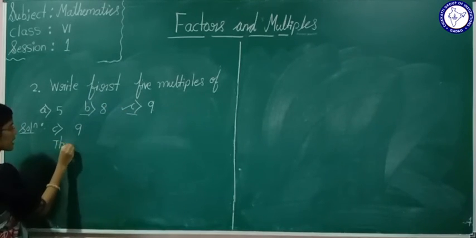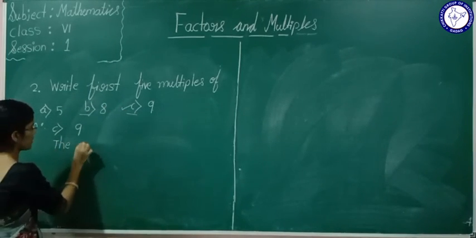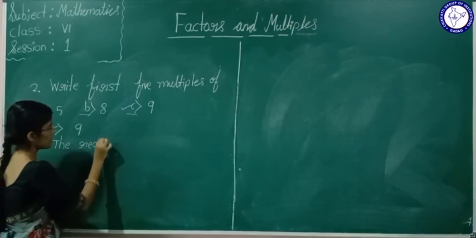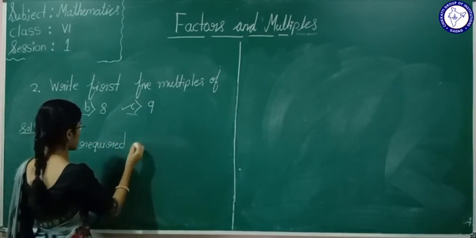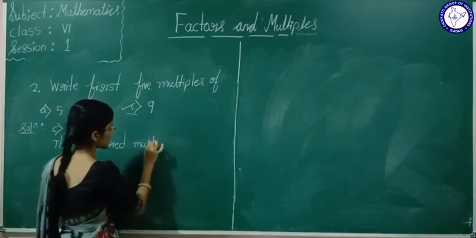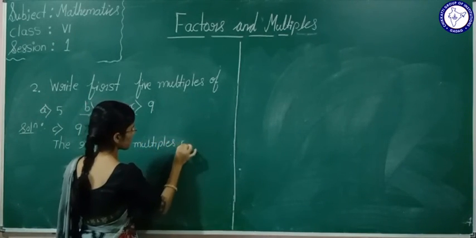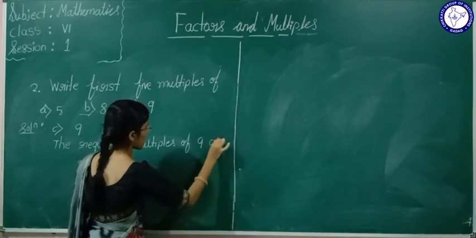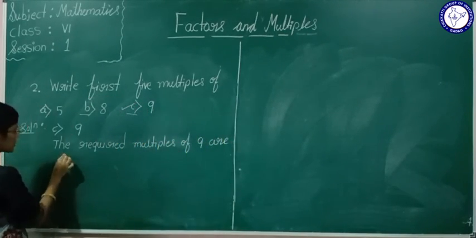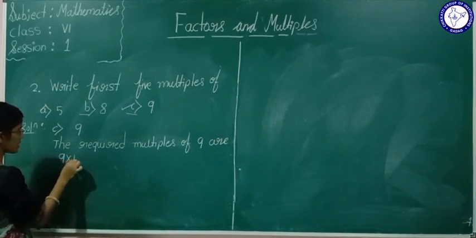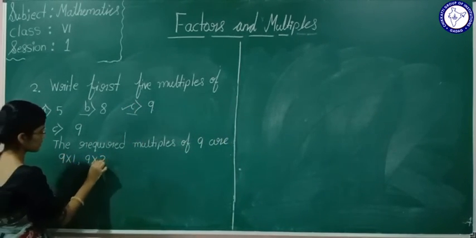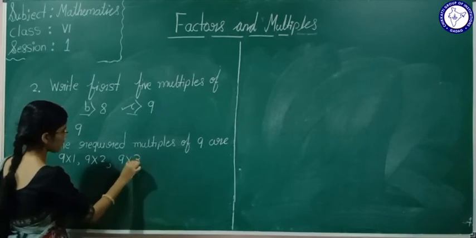Okay, see how to write the multiples of 9? We know that we have to multiply it by a natural number. The required multiples of 9 are, what we have to do? We have to multiply it by natural numbers. Natural numbers start from 1.